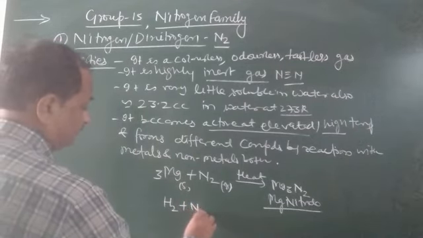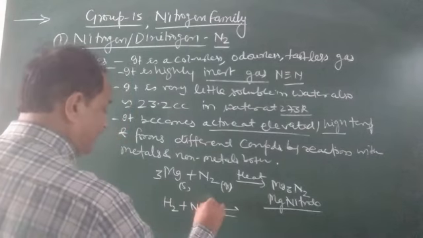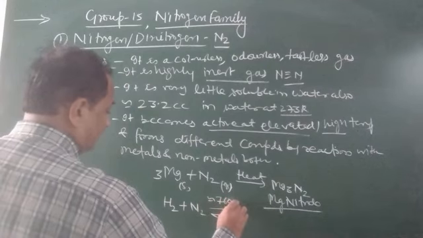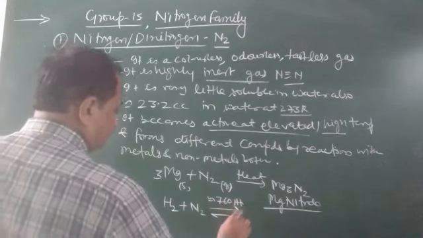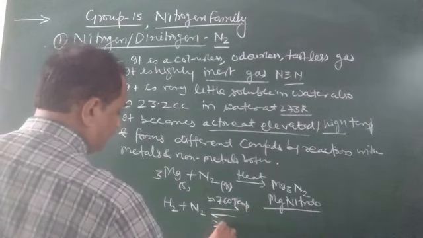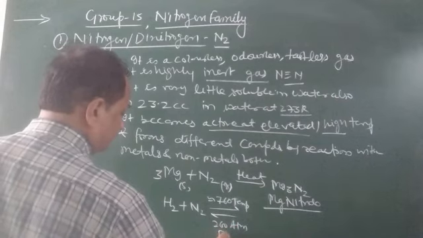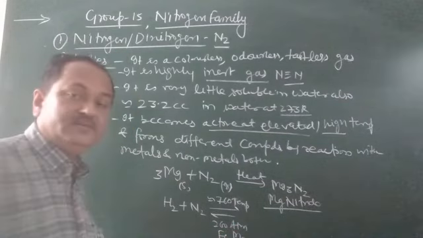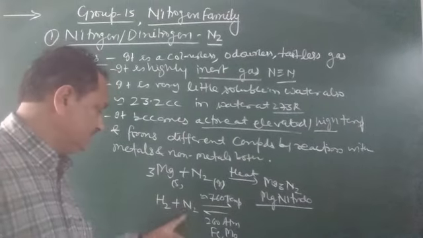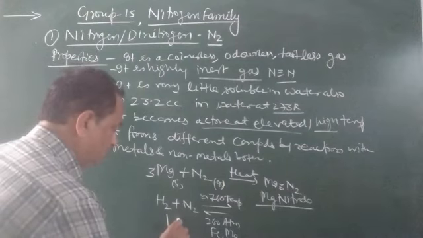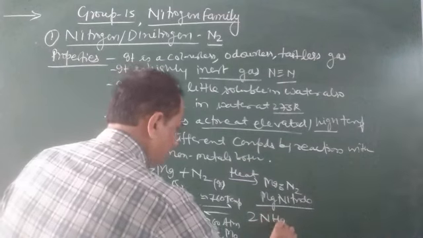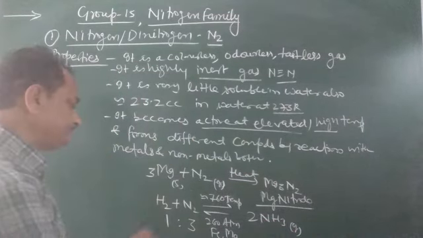Similarly, it reacts with hydrogen also. By which process? By Haber's process, at approximately 760 Kelvin temperature and 200 atmosphere pressure, with iron as catalyst and molybdenum as promoter, in the ratio of 1:3, and there is formation of ammonia gas.